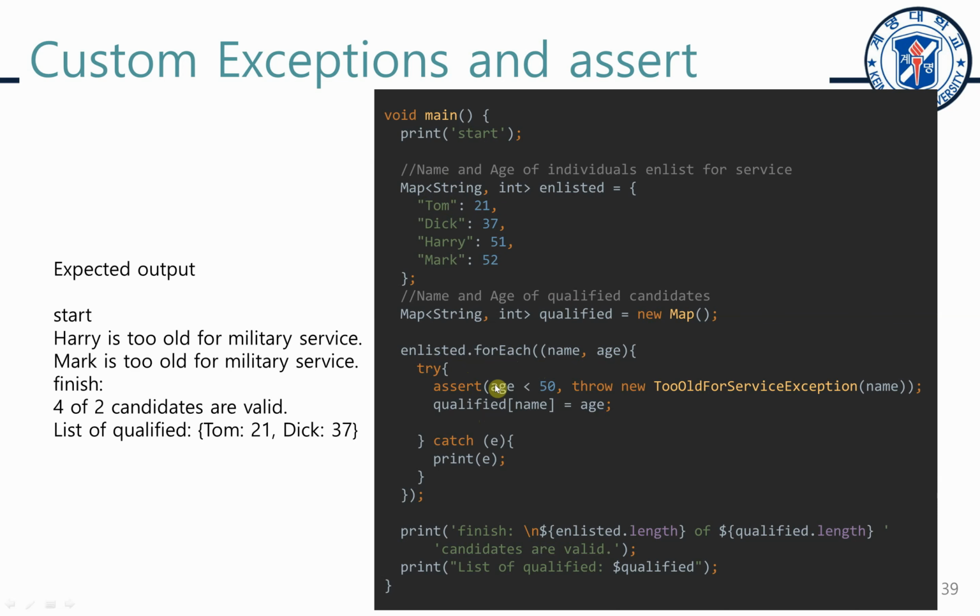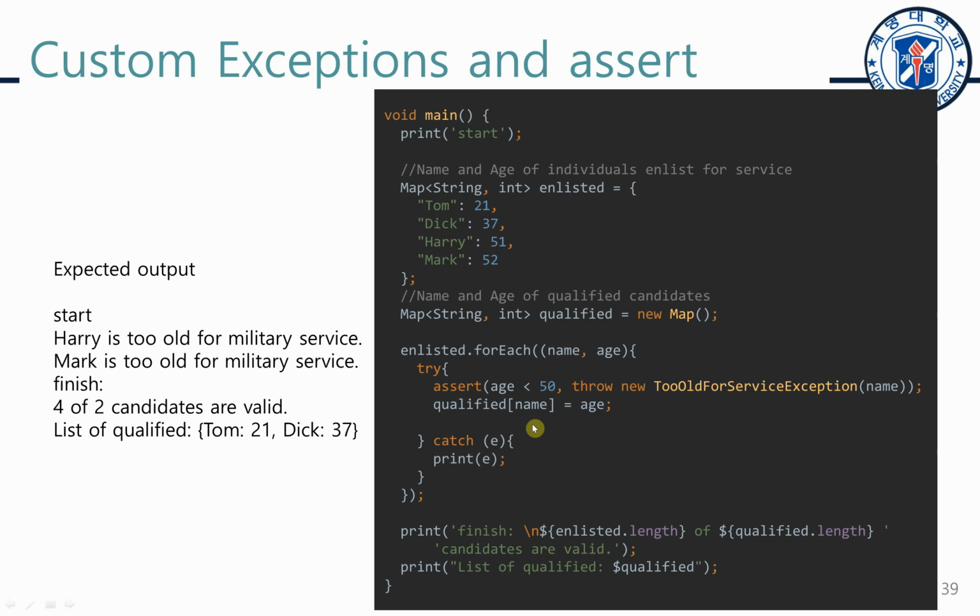whether the age is less than 50. If the age is less than 50, then on our new qualified map we add this element with the key of the name and the value of the age, and then we go to the next, since it's forEach. So we put Dick onto name, 37 onto age, and then we do this again and again.